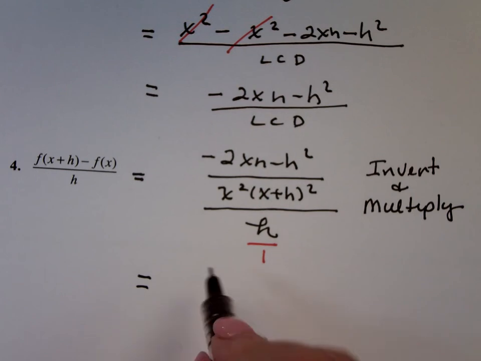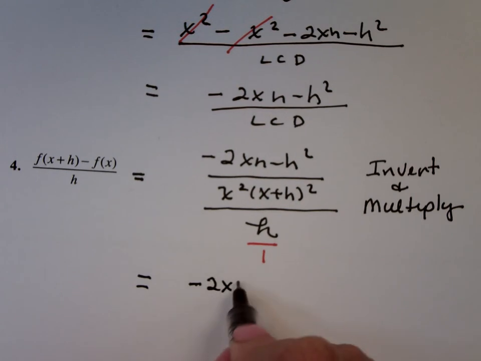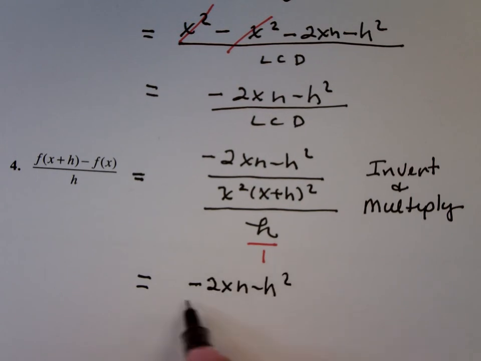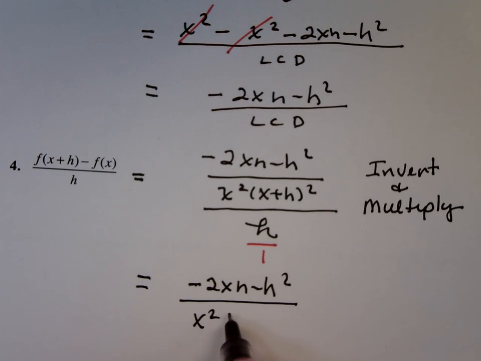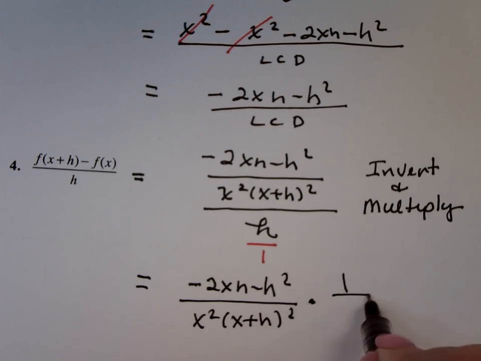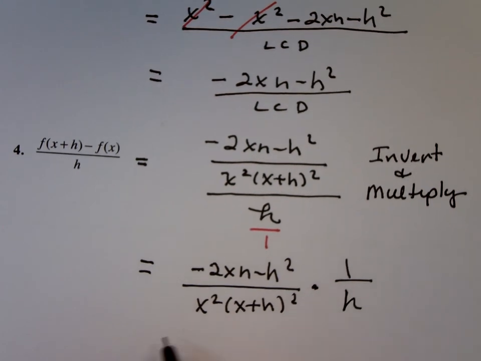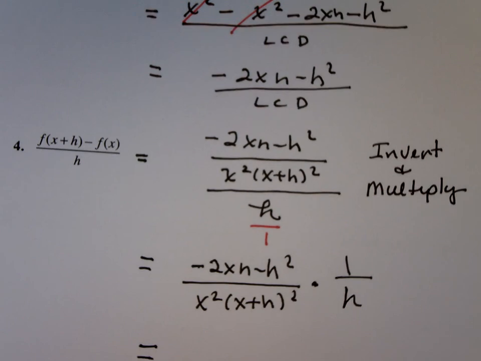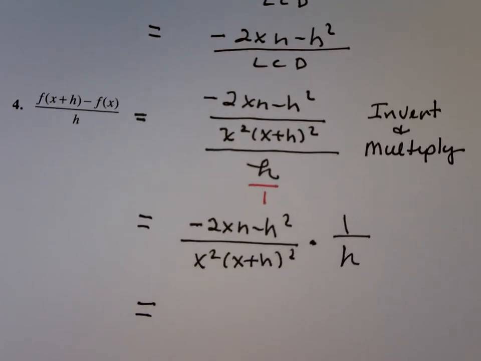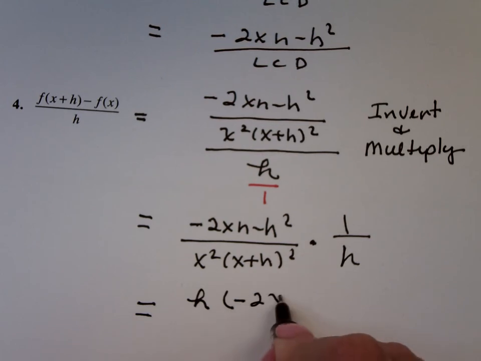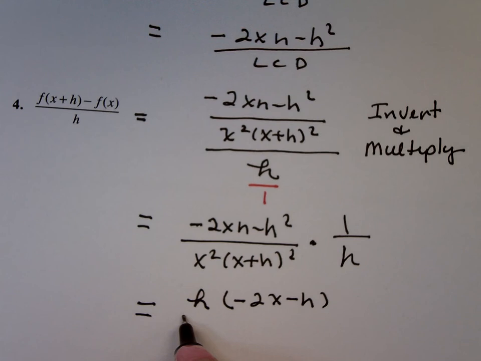So that this becomes negative 2xh minus h squared over x squared times x plus h squared times 1 over h. So you notice that there is a greatest common factor of h in that numerator.